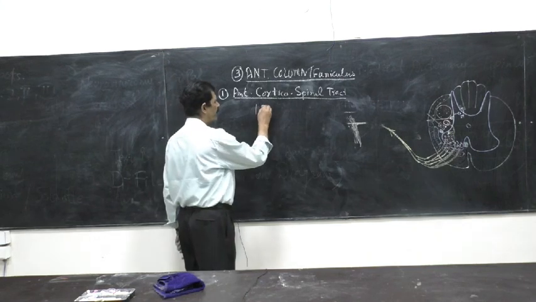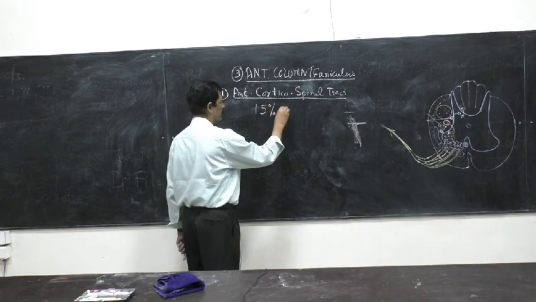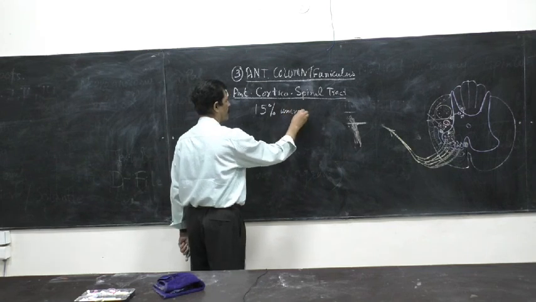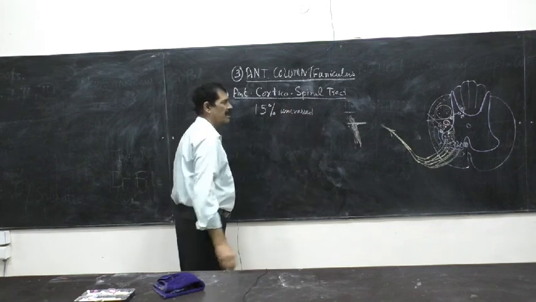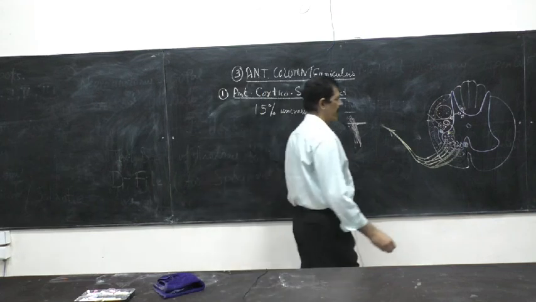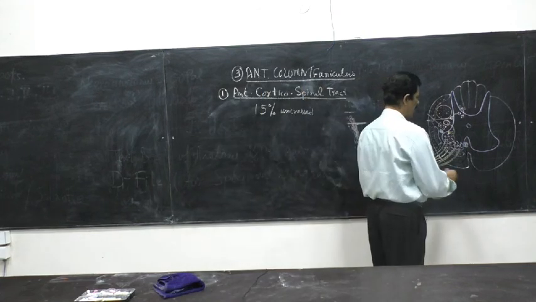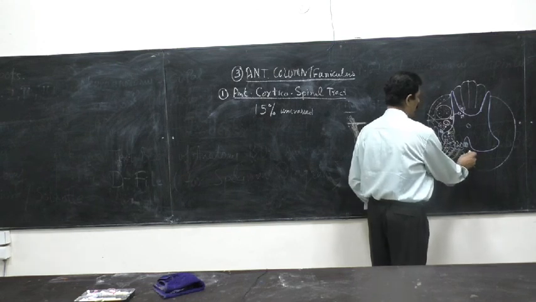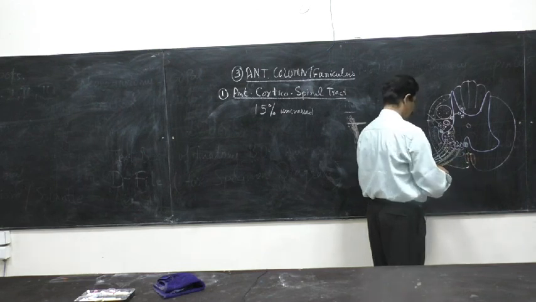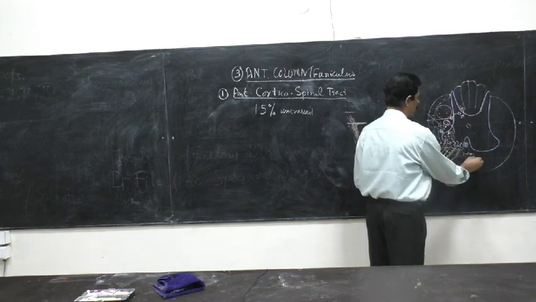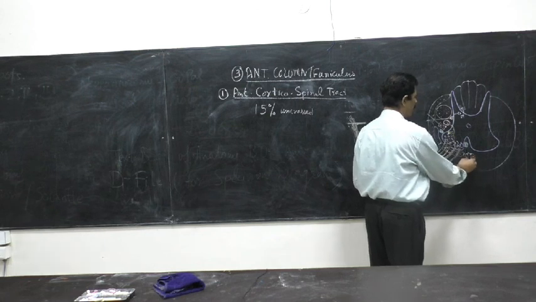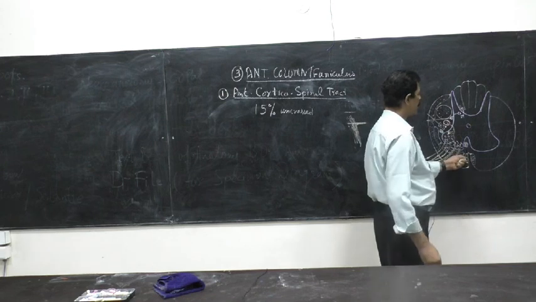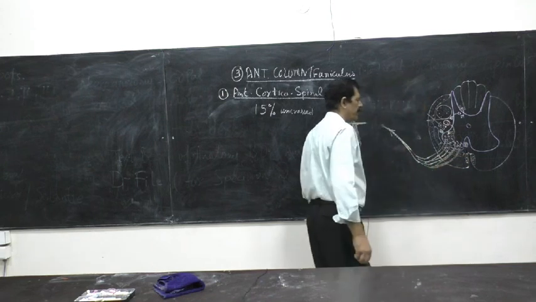The rest of the 15% uncrossed fibers descend downward and are present on either side of the anterior median fissure of the spinal cord. So this is the anterior corticospinal, uncrossed 15% fibers, present here in the anterior column.